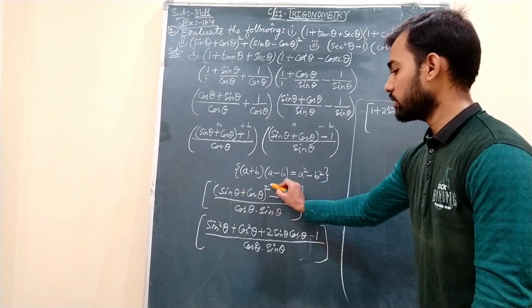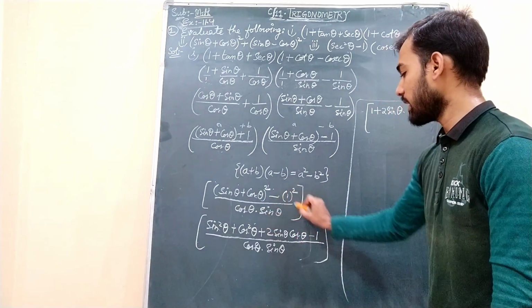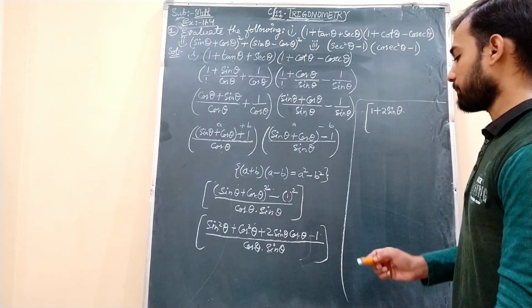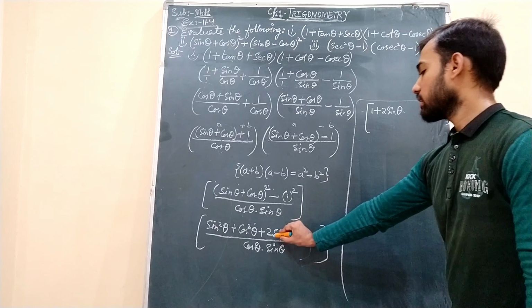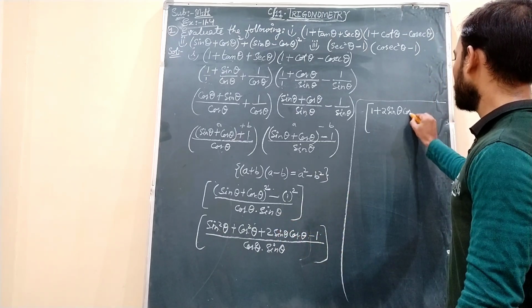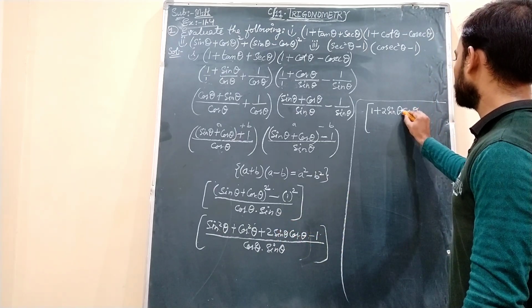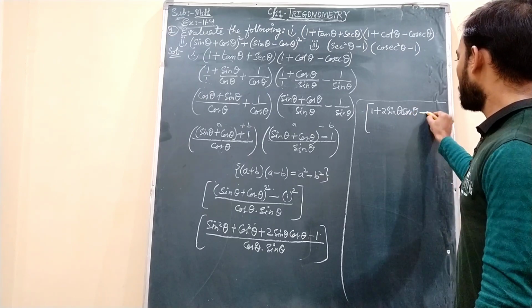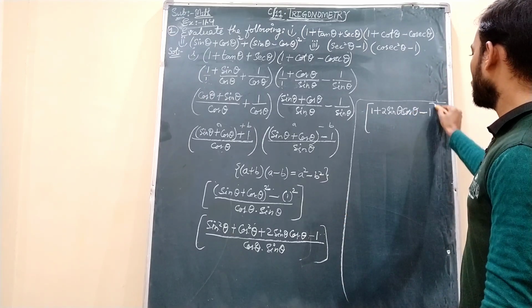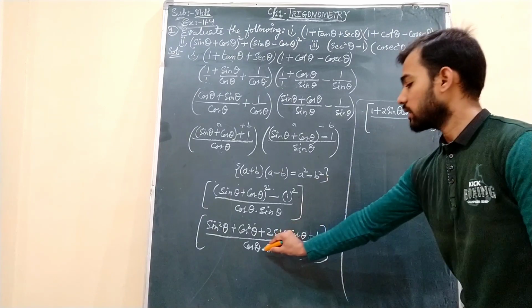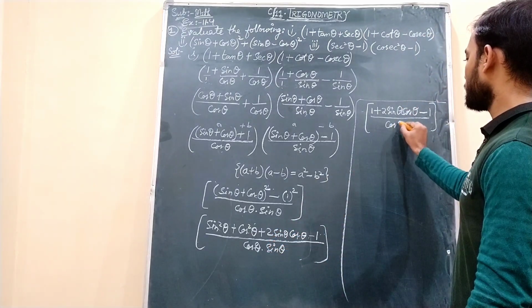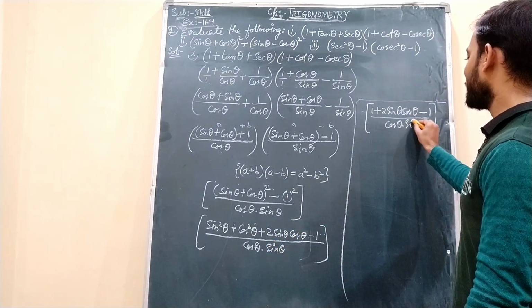Because this is a plus b whole square, we have expanded, and then minus 1 square remains 1. Okay. So 1 plus 2 sin theta cos theta minus this 1 whole divided by, denominator remains as it is, cos theta into sin theta.